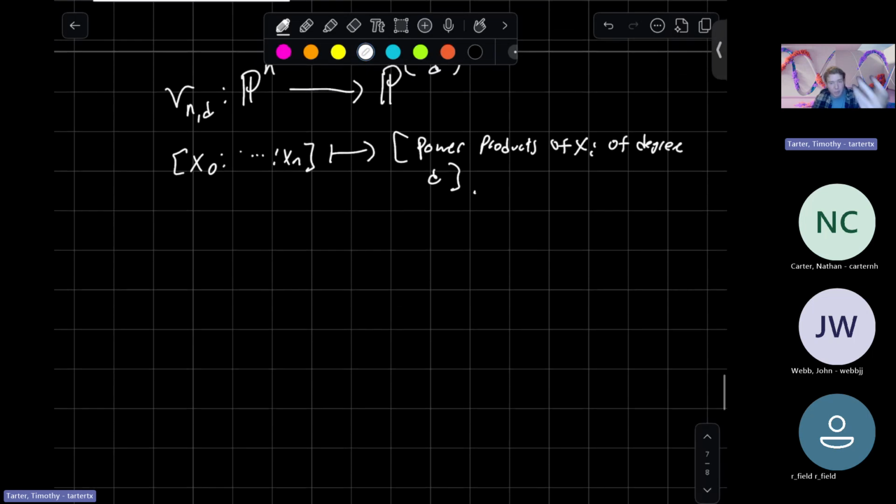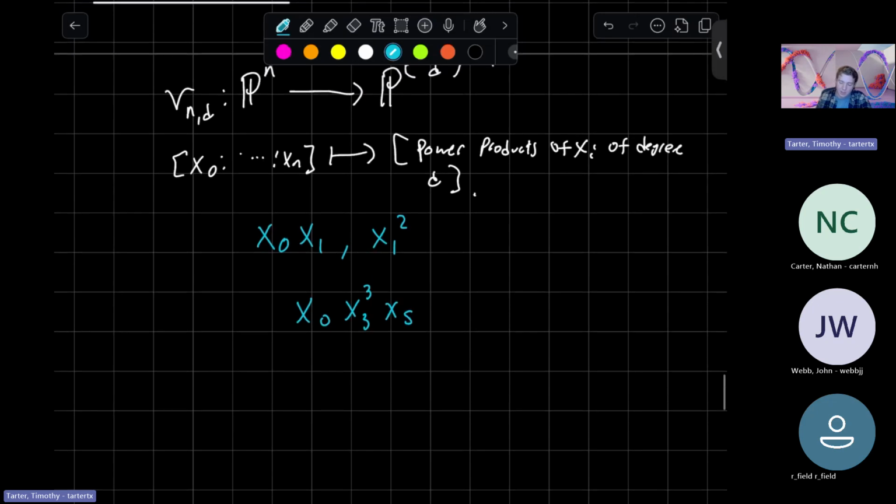What do I mean by power product? It's just a product of the xi's. So x0 x1 would be a power product of degree 2, or x1 squared would be a power product of degree 2, or x0 x3 cubed x5 would be a power product of degree 5.